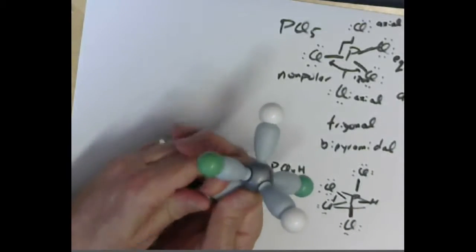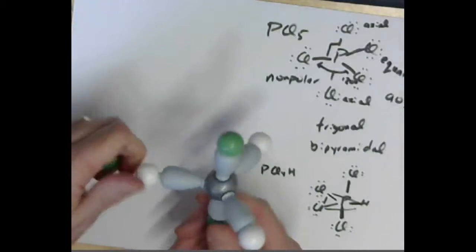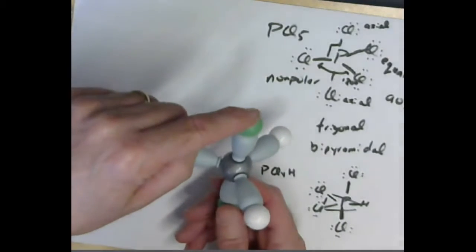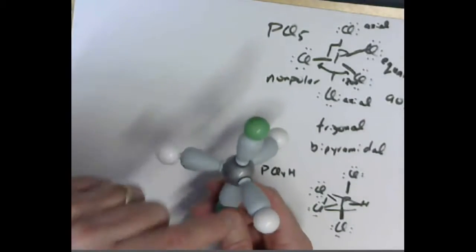If I substitute it in for that 3rd equatorial position, now all the equatorial positions are alike. They would cancel one another out. The axial positions would also cancel one another out. So even though everything's not totally equivalent, the axials are equivalent, the equatorials are equivalent, so this molecule winds up being nonpolar.